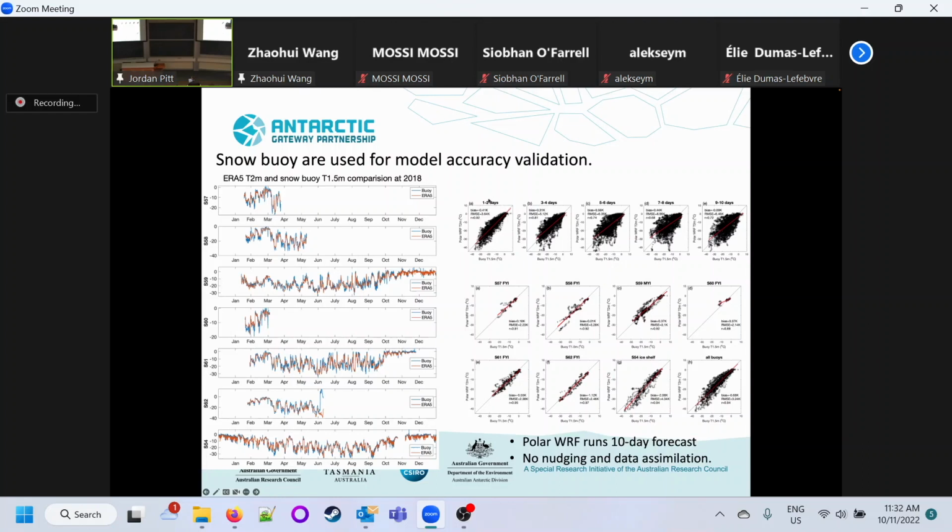So this is the first 2-day forecast, and this is the last 2-day forecast for the 10-day forecast. With the forecast period increasing, the bias increases and the correlation decreases. But for the first 2 days, the correlation is pretty high and the bias is pretty low. That means for the first 2 days, Polar-WRF did very well.